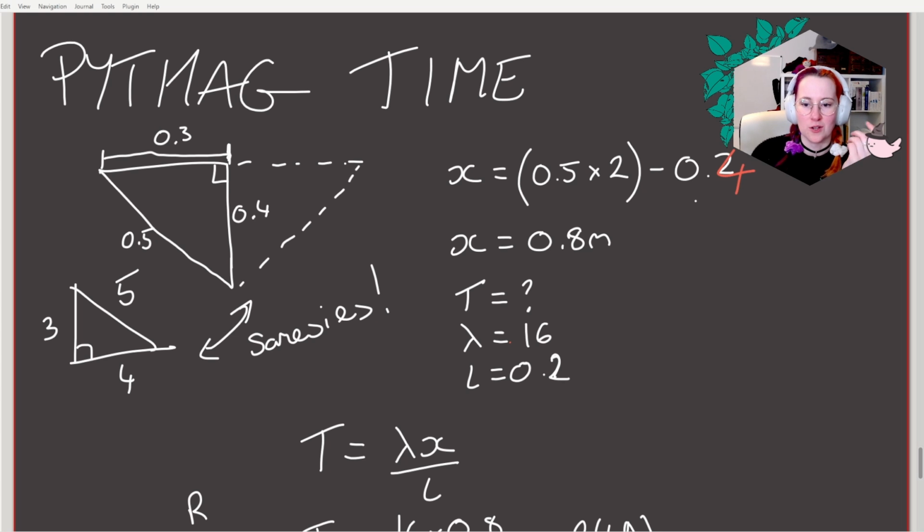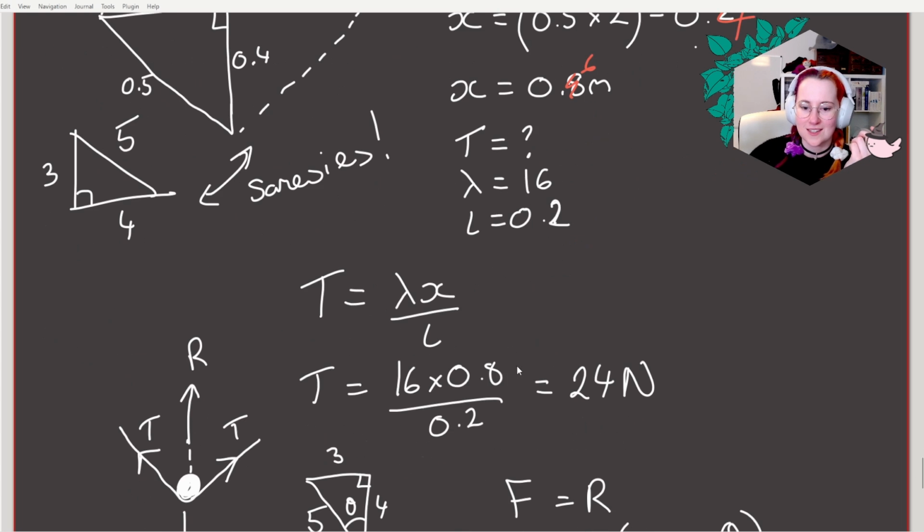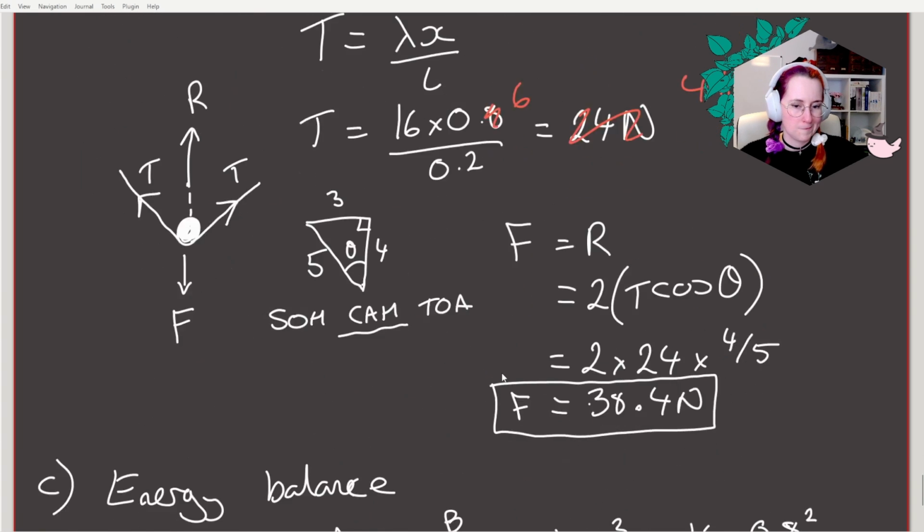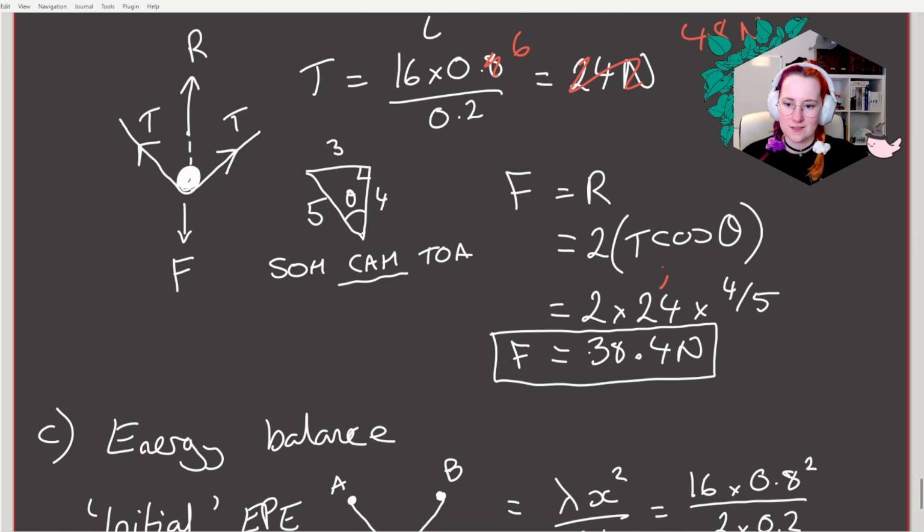I hate having to mark my own homework. So that's 0.6, which gives us 16 times 0.4, yeah, 48 newtons. Then over here, 48, which is just a multiplication by 2, which is not too bad. So 2 times 48 times 4 divided by 5.